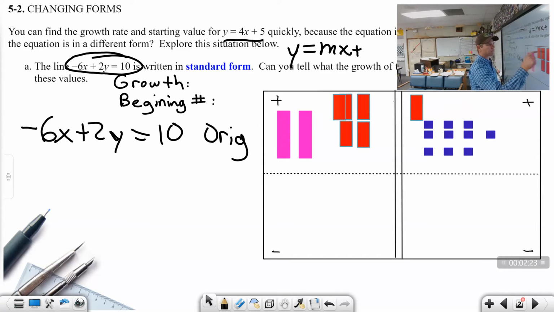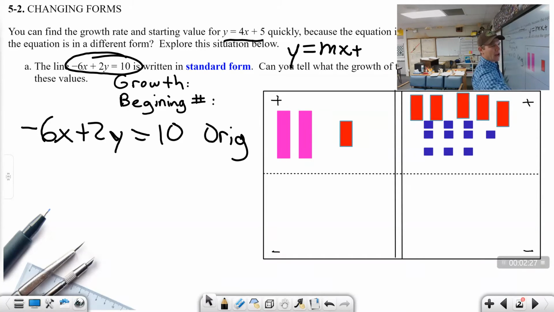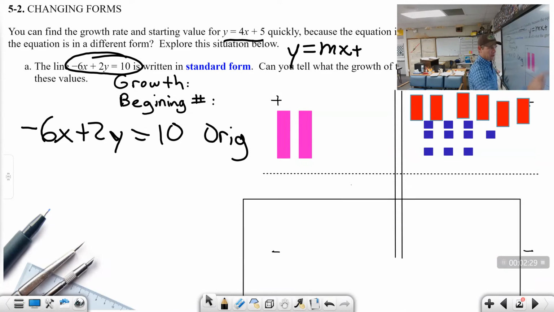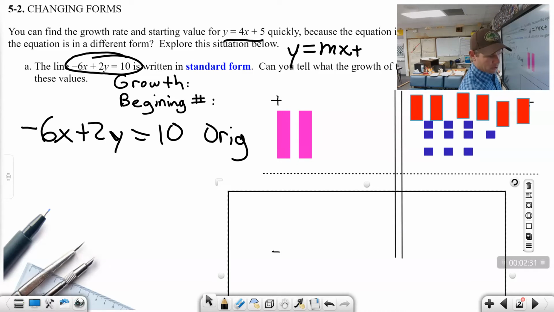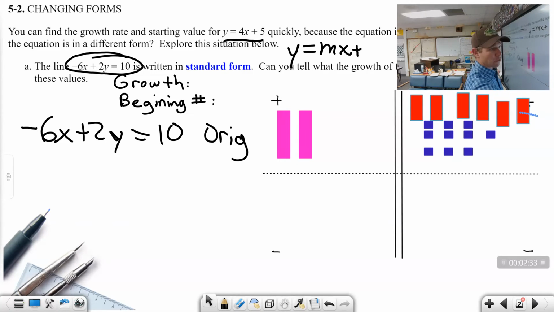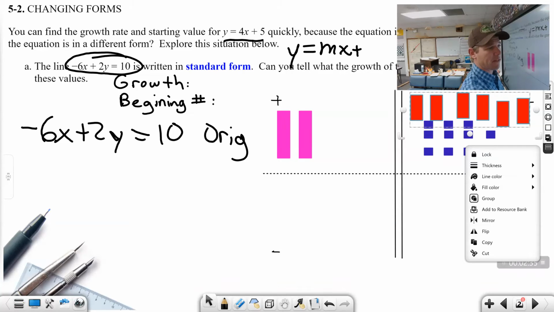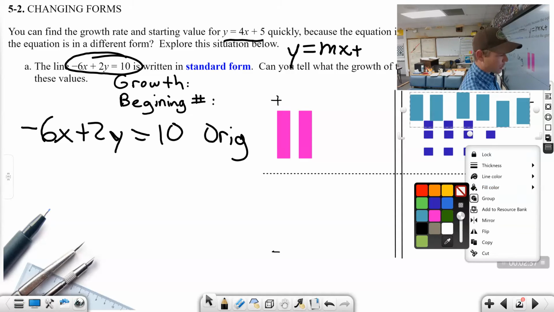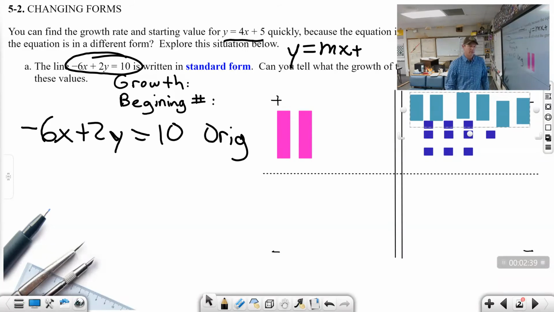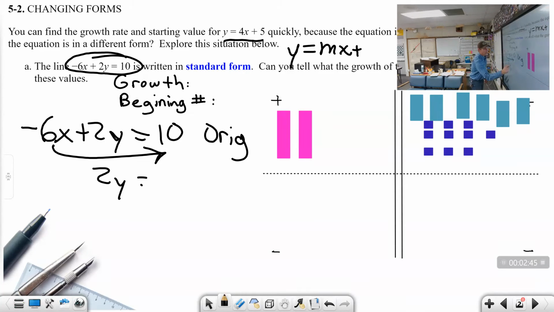I'm going to flip these 6 over here, and when I flip them over here, what happens to their sign? Do you remember what happens when you side-side flip? You have to change the color. They were negative, now they're positive. In your notebooks, I'm going to side-side flip like this to y equals the negative became positive 6x plus 10.